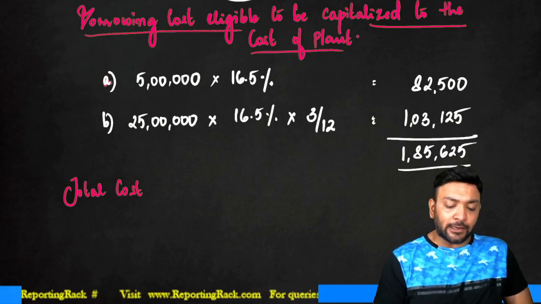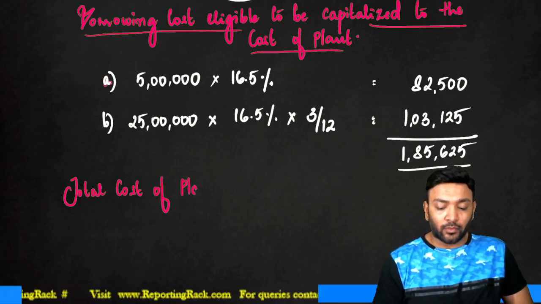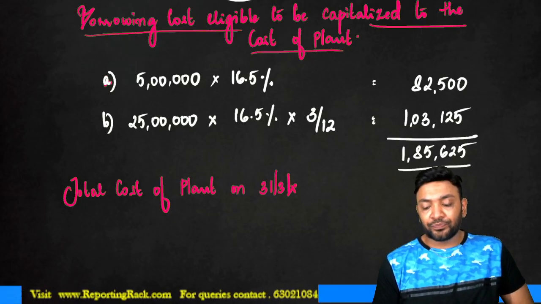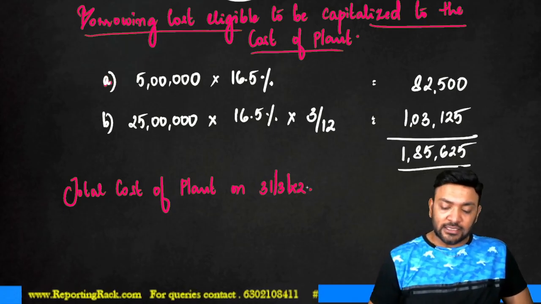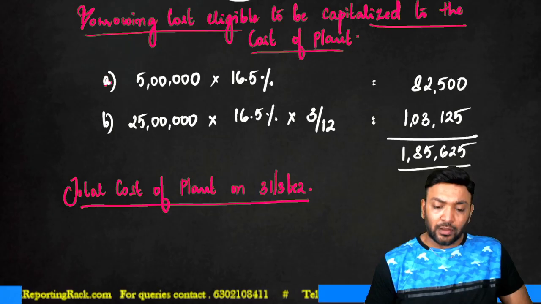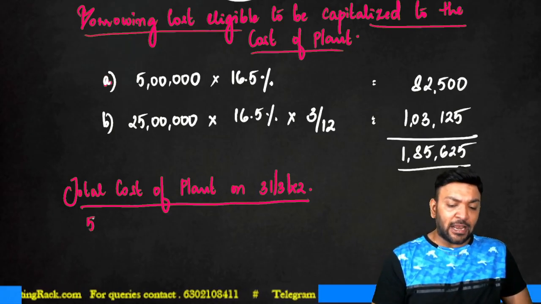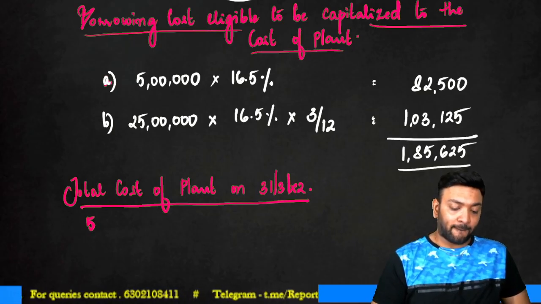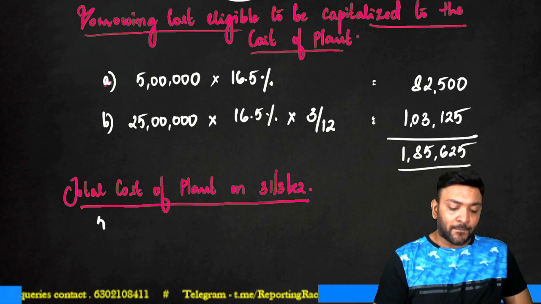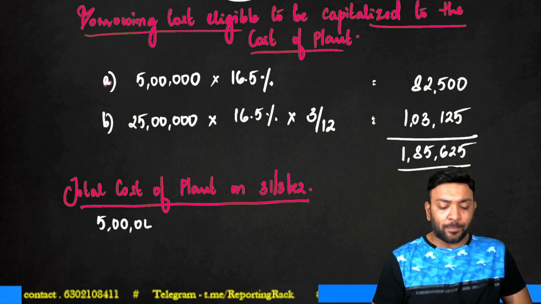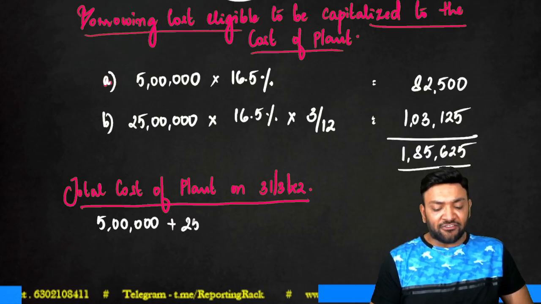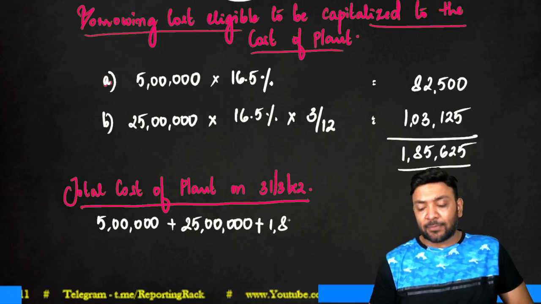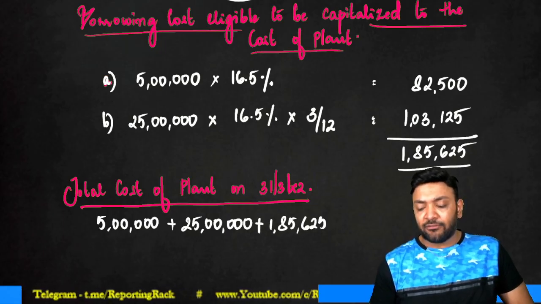Total cost of plant on 31st of March is equal to, how do you calculate? I have incurred 5 lakhs on 1st April, plus I incurred 25 lakhs on 1st Jan, plus borrowing cost eligible to be capitalized 1 lakh 85,625.